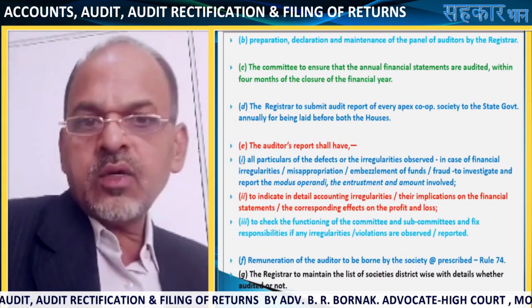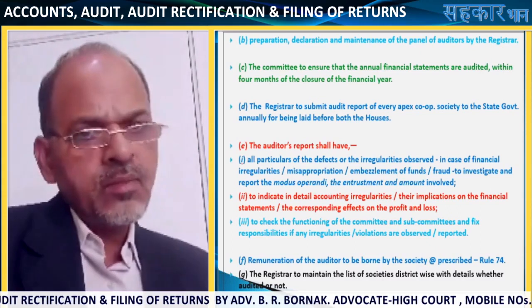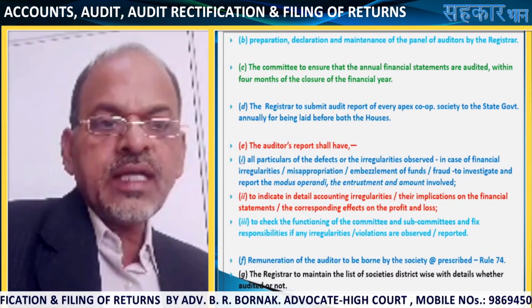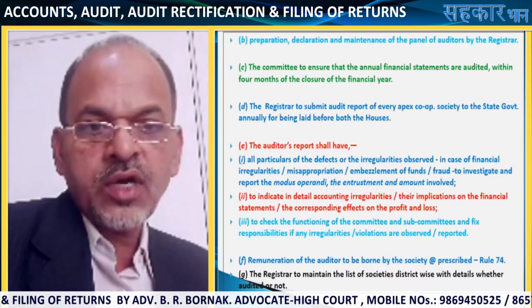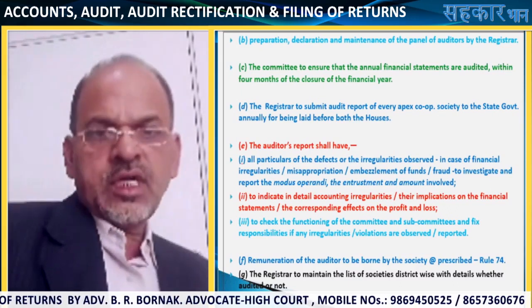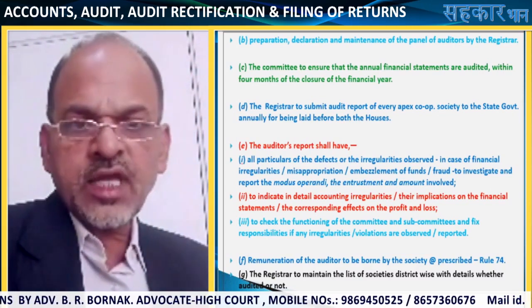The registrar is to maintain the list of societies district wise with details whether audited or not. Here the registrar at district level will have to maintain the list of the societies and particulars pertaining to audit, whether the audit of that society is carried out or not.